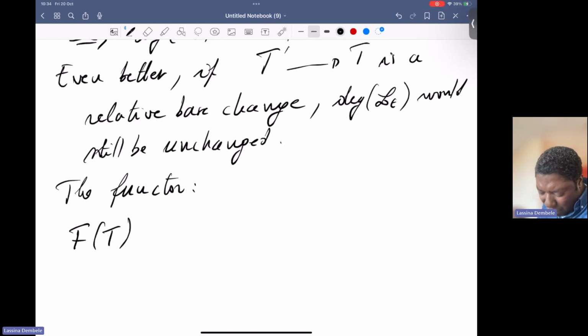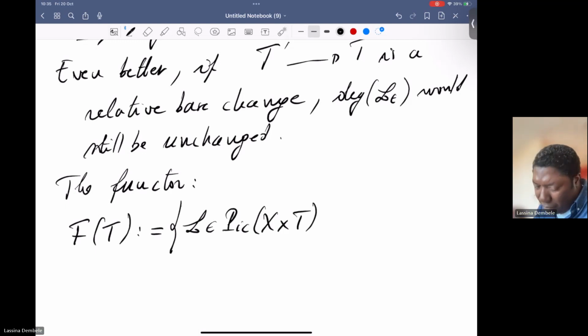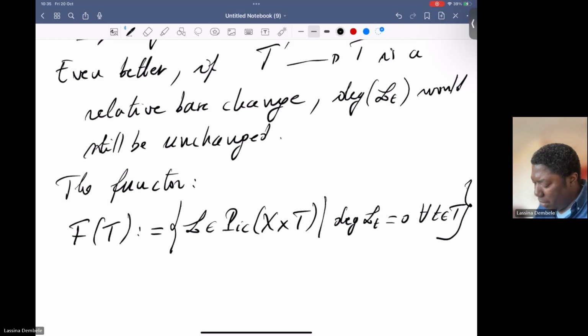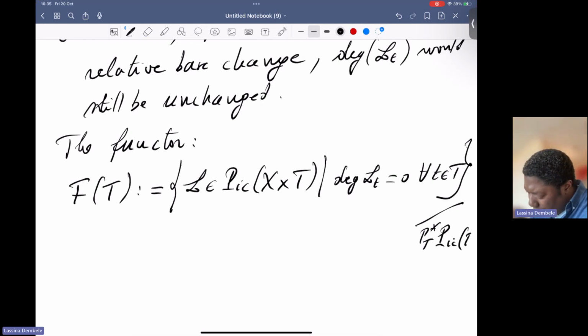For the scheme T, I'm going to let F be all those line bundles L on X cross T such that the degree of L_t is equal to 0 for all t in T. And then I'm going to mod this out by those line bundles that are locally trivial, so this would be the pullback of a line bundle on T. These line bundles are uninteresting because they trivially satisfy the condition about the degree.